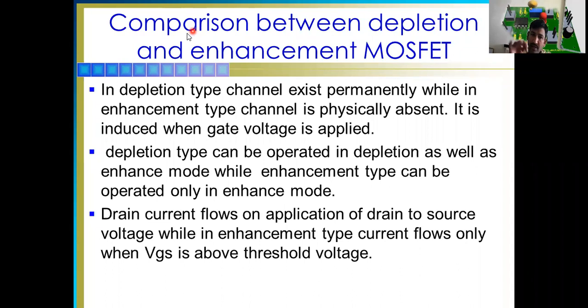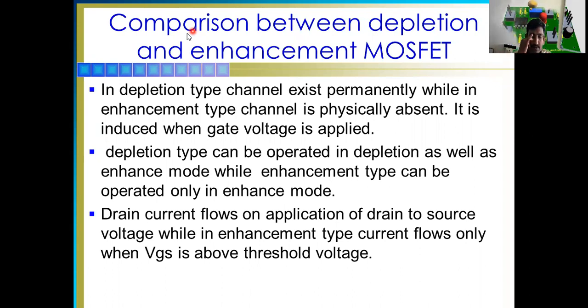It is induced when the gate voltage is applied, right? Another difference is that the depletion type can be operated in depletion as well as enhancement mode, while the enhancement type can be operated in only enhancement mode.